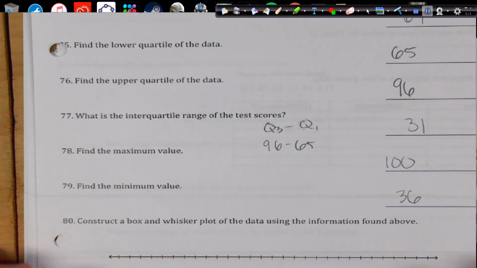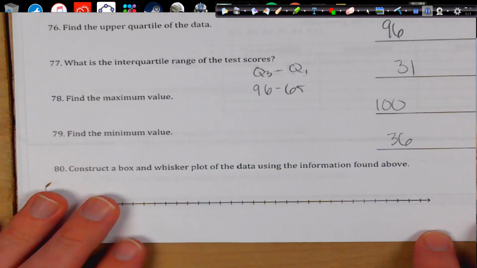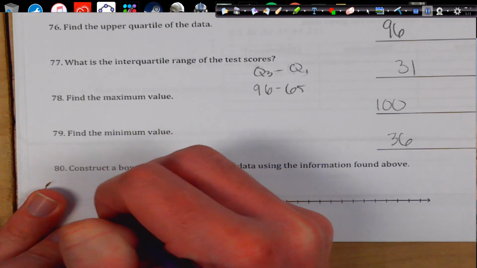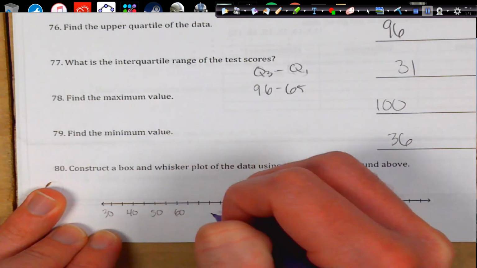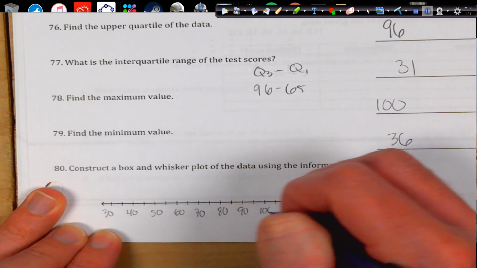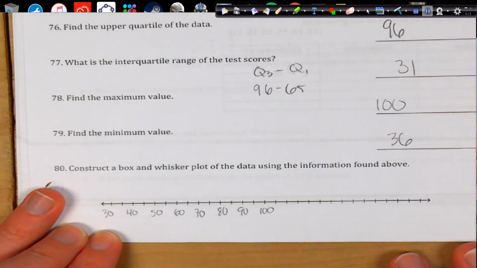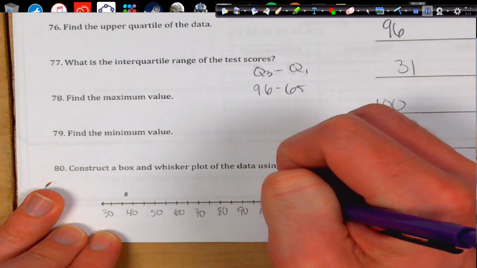Okay, so I have to go basically from 36 to 100 here. I'm going to count by 5s. Starting at 30, 40, 50, 60, 70, 80, 90, and 100. Probably could have counted by a little bit more, but there we are. 36 is right about here. 100 is up here.